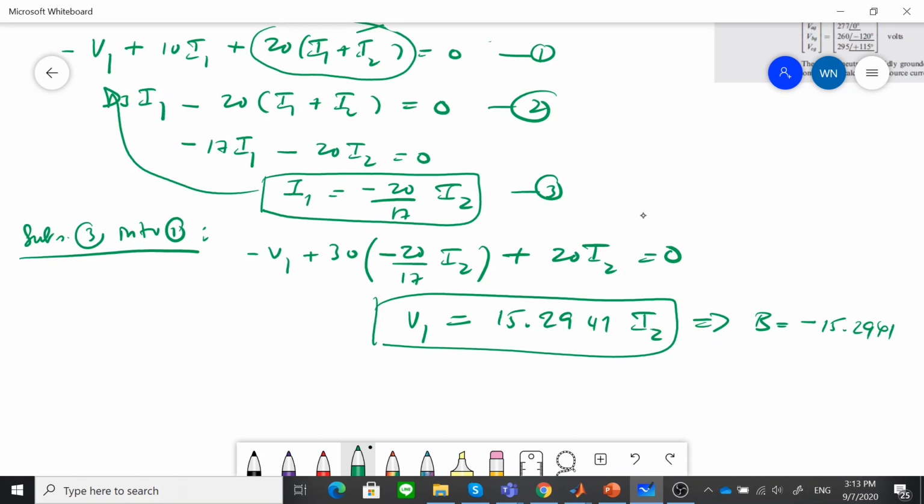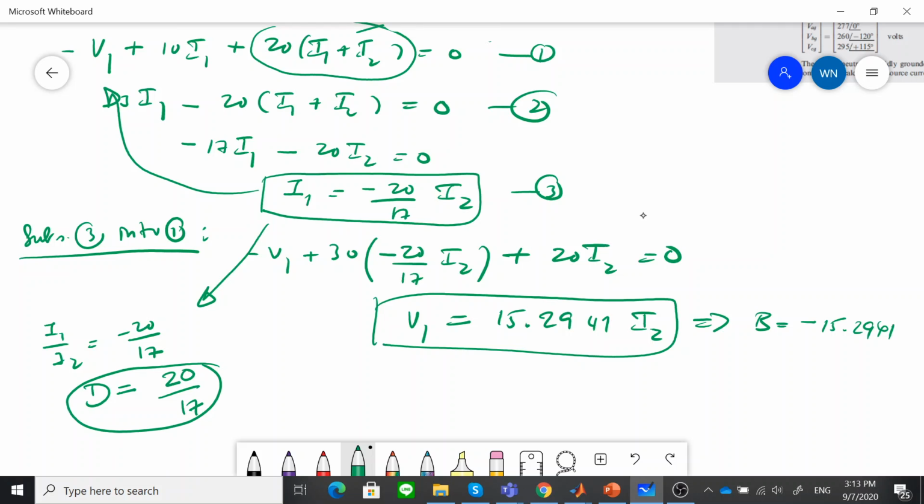We could answer from equation 3: I1 over I2 is negative 20 divided by 17. So D here is the negative of this ratio, so 20 over 17. This is the answer.